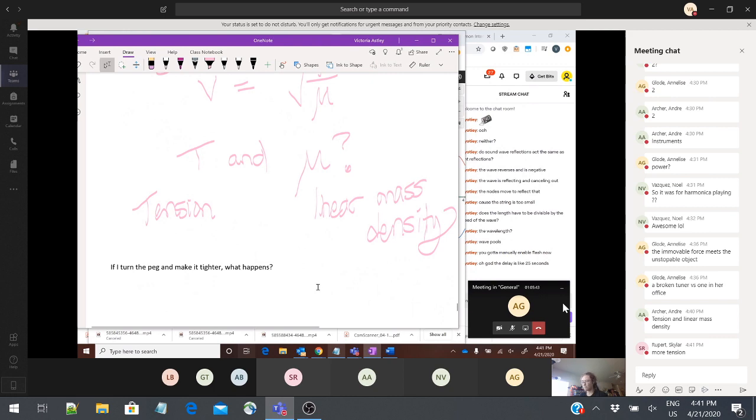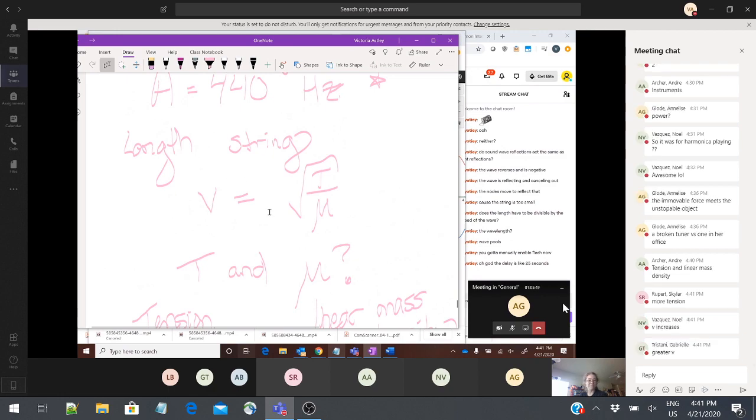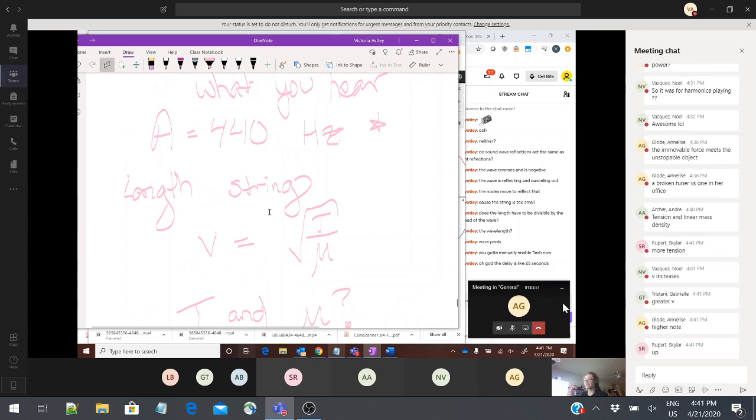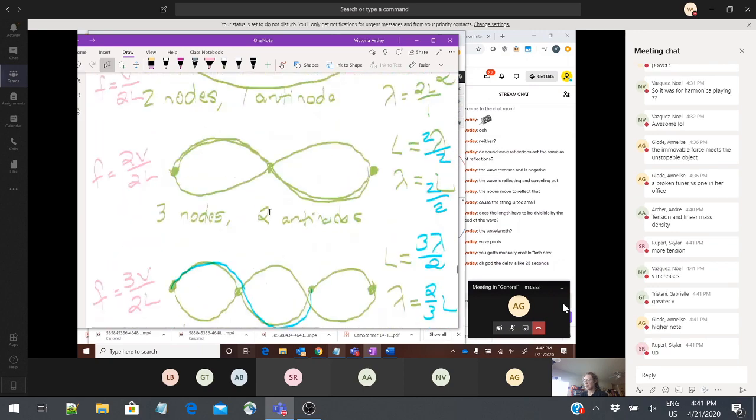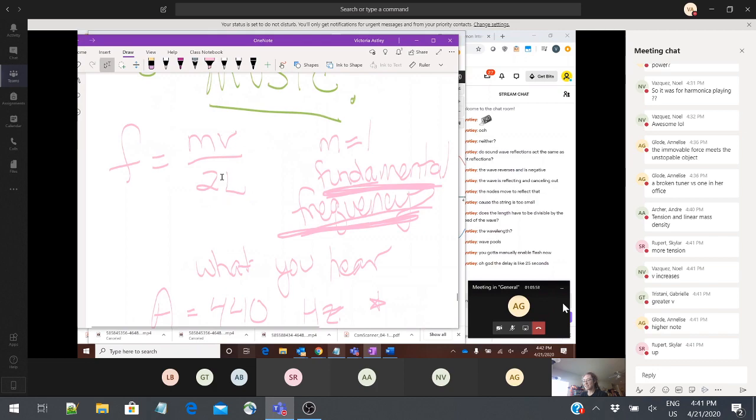More tension. More tension means what happens to V? V increases. So if V increases and my L stays the same, what happens to F? Higher note. Good.